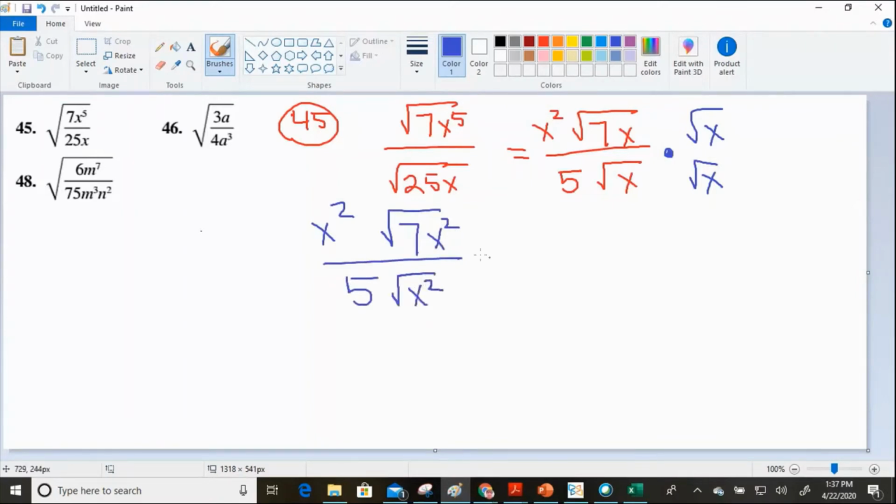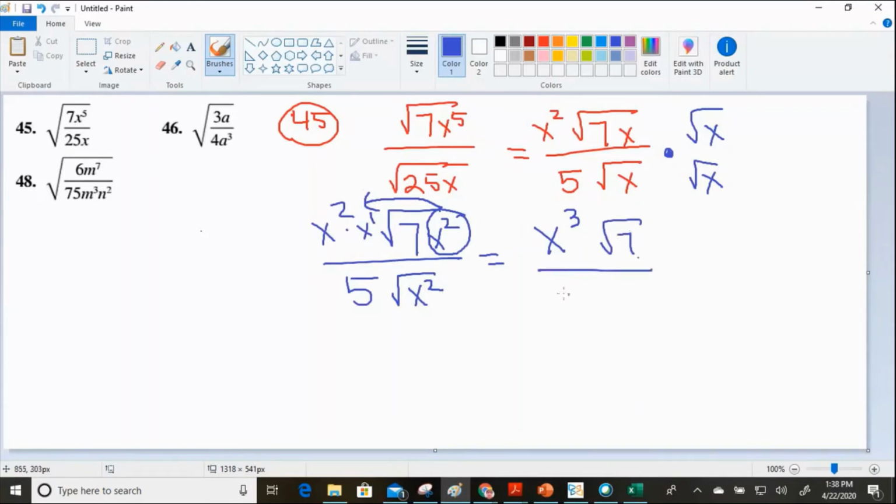And you'll see what happens here. I'm going to keep simplifying. This x squared will simplify, so now I have x cubed on the top. Don't forget, half of x is 1, so I pulled out 1x and multiplied it by this. That's where I got the x cubed. And I'm left with radical 7 there.